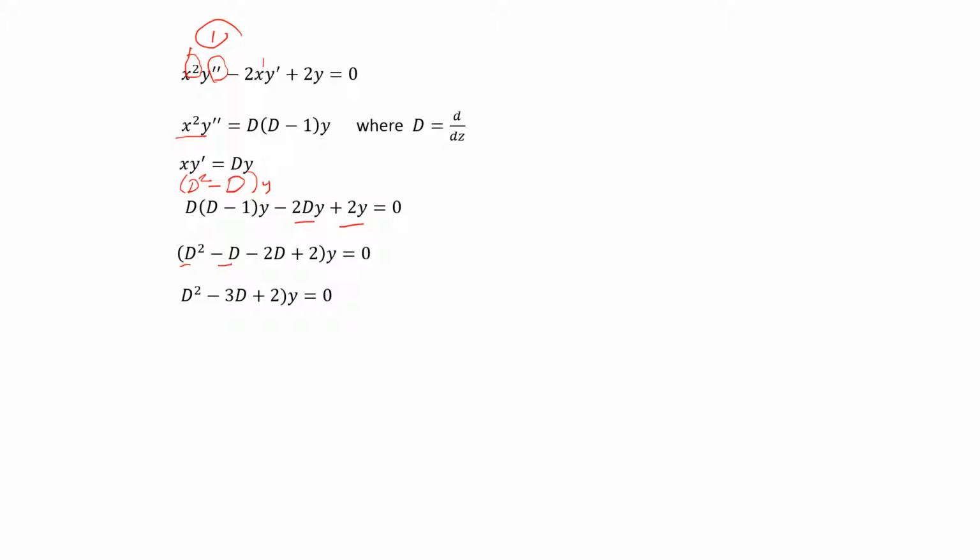So there is a parenthesis here. Then factoring the auxiliary equation, you have m squared minus 3m plus 2 equals 0. This can be factored into (m minus 1)(m minus 2) equals 0. So our y_c is c1 e^c plus c2 e^{2c}.